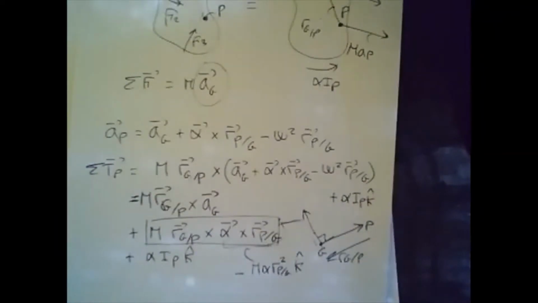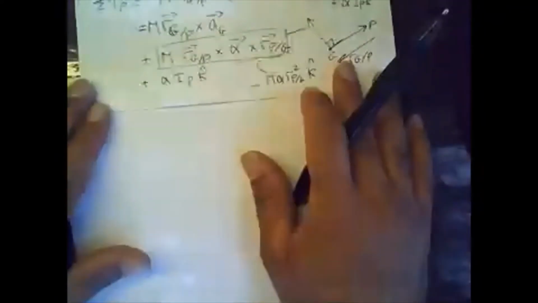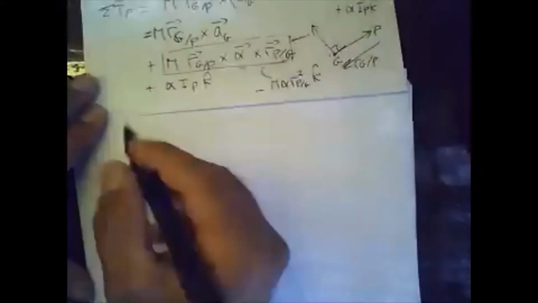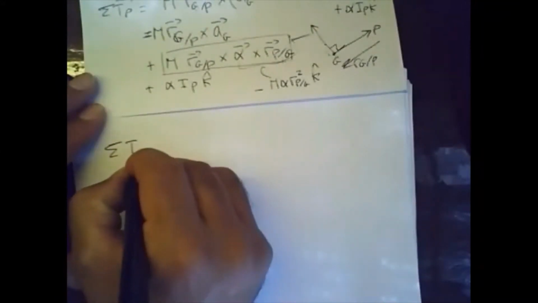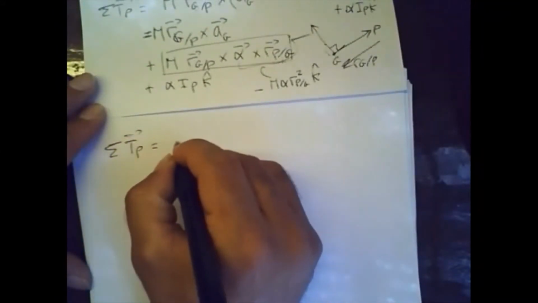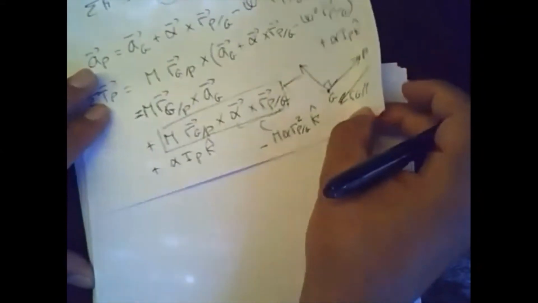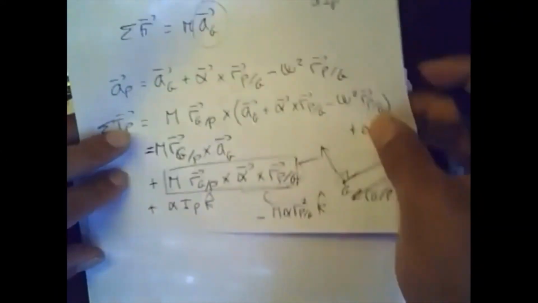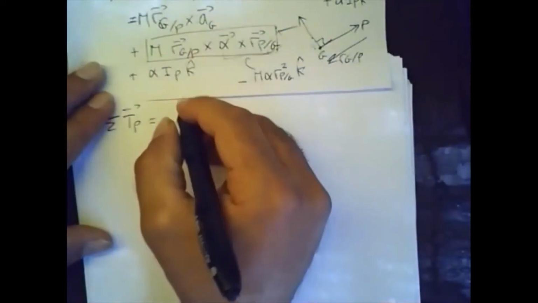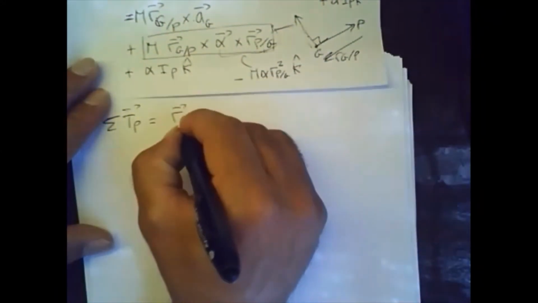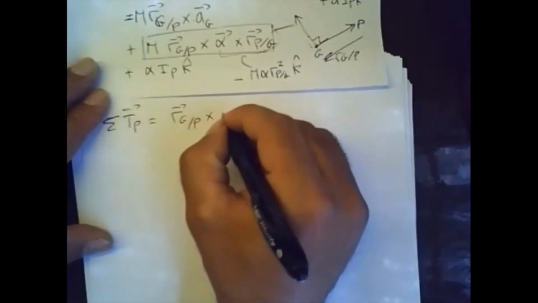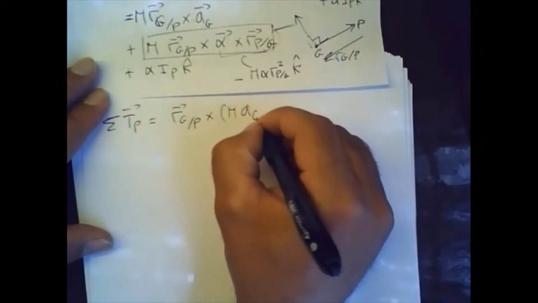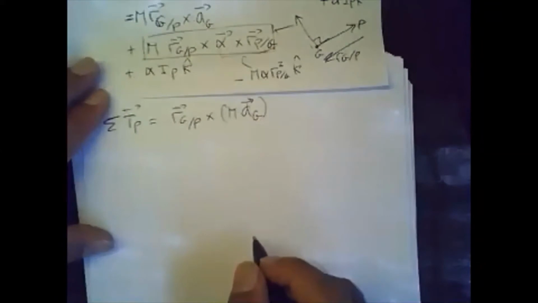Okay, thank you. Okay, so I'm going to rewrite this one more time here, and then we're almost done. So the sum of the torques about point P is actually equal to, and by the way, because I have the mass, I'm going to put the mass in front of the A just so we can rearrange it. So here I have RG with respect to P cross MAG, right?